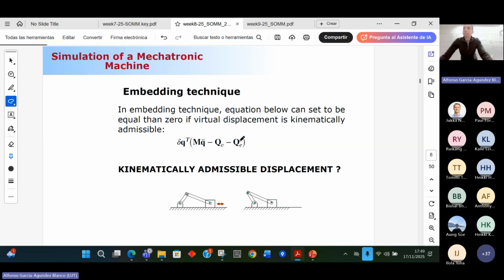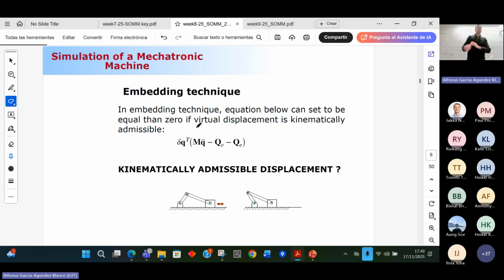But to write this equation equal to 0, I need that the virtual displacements delta Q are kinematically admissible. Do you remember what is the meaning of that? Kinematically admissible displacements? Basically, the meaning is that they fulfill the constraints, okay?